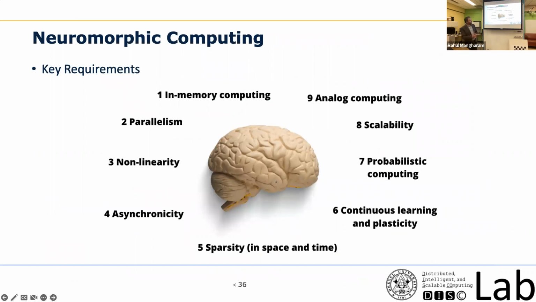So these are the key requirements to make a hardware. I just wanted to let everyone know that you need to have in-memory computing, parallelism, nonlinearity, asynchronicity, sparsity, continuous learning, probabilistic computing, scalability, and analog.